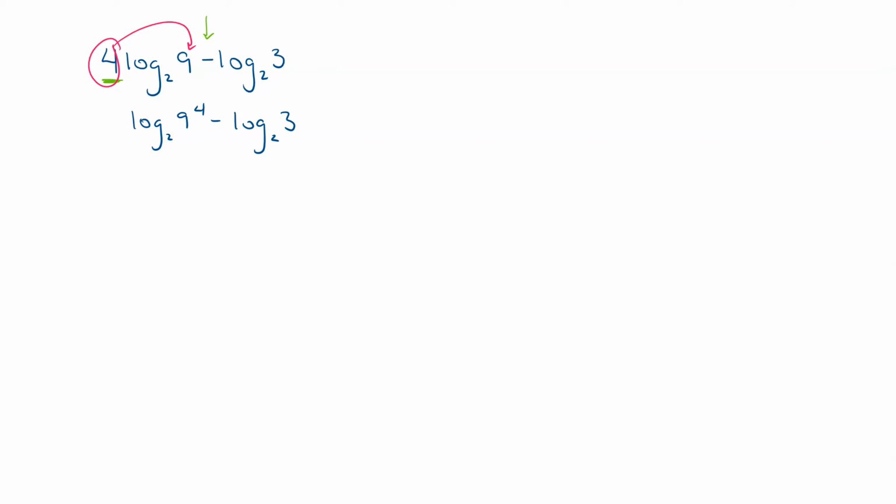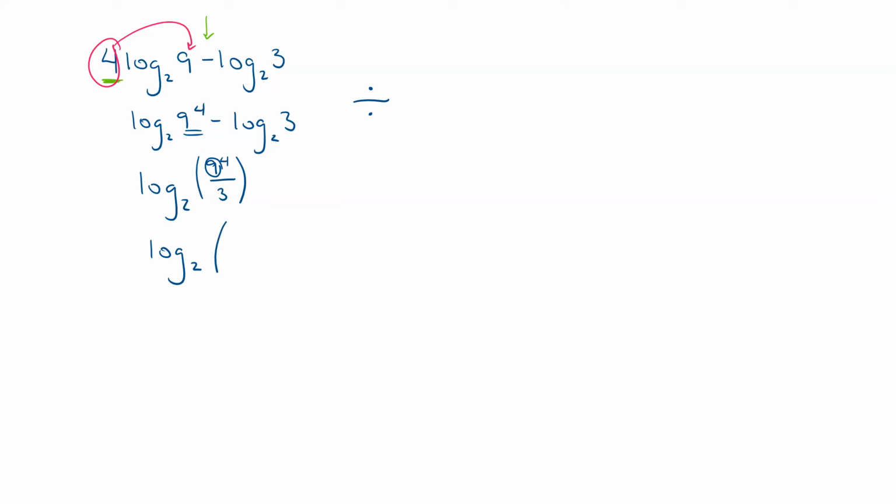And now I can use the subtraction property where subtraction becomes a single division. So I have log base 2. The first number is always the top number. So it's log base 2 of 9 to the 4 over 3. Now we always want to simplify as much as we can, and you can simplify this many different ways, but one of the nice easy ways to do this is to say that 9 is 3 squared.